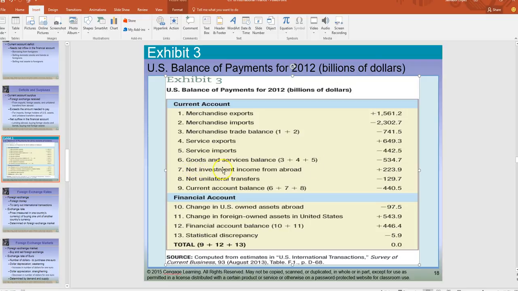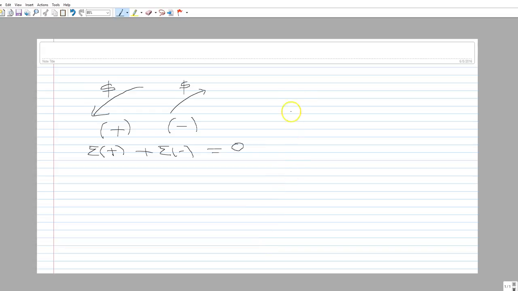Now, net investment income abroad. That's another item. What is that? Well, when you purchase, let's say, a bond, but it is a German bond, then you buy an asset.